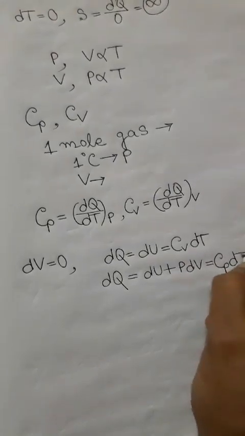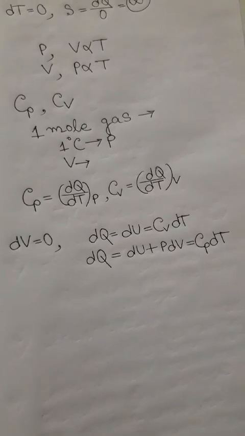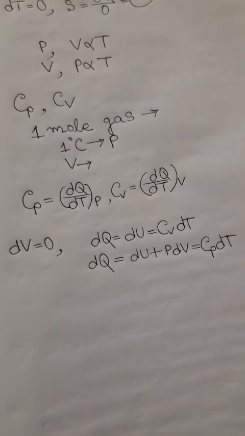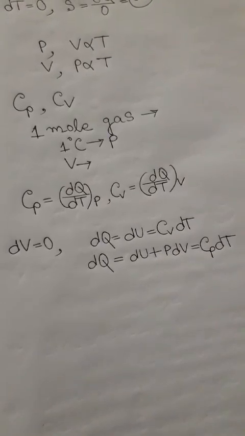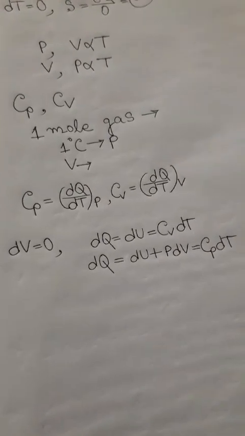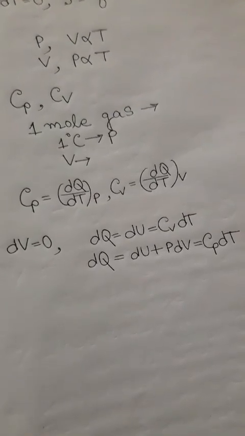So when volume is constant, the entire heat is used to increase the internal energy of the system. But when pressure is constant, a part of the heat increases the internal energy of the system and the rest performs the work. So we can easily write these two equations.